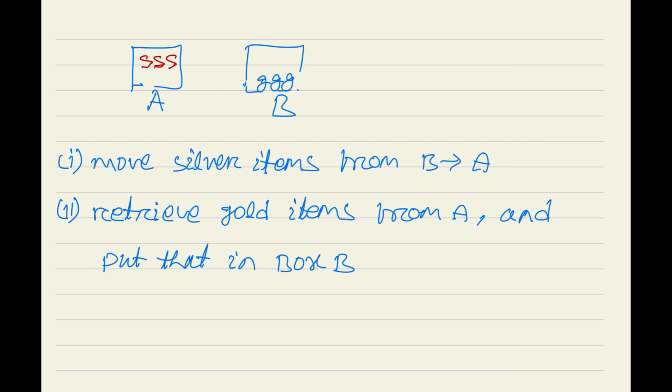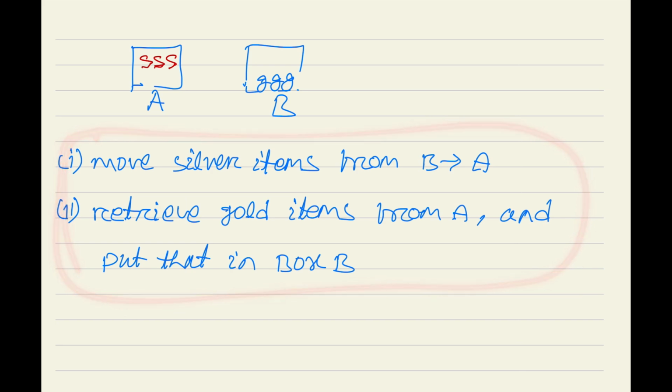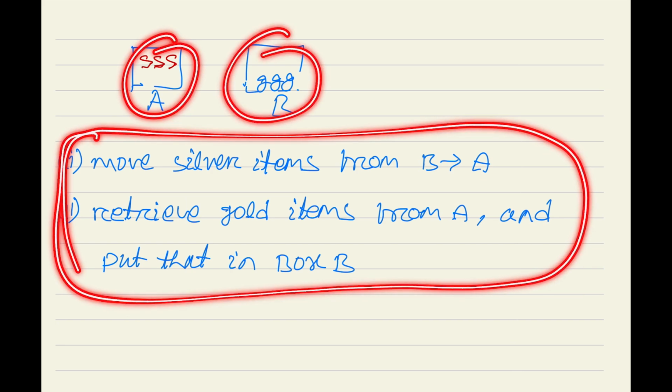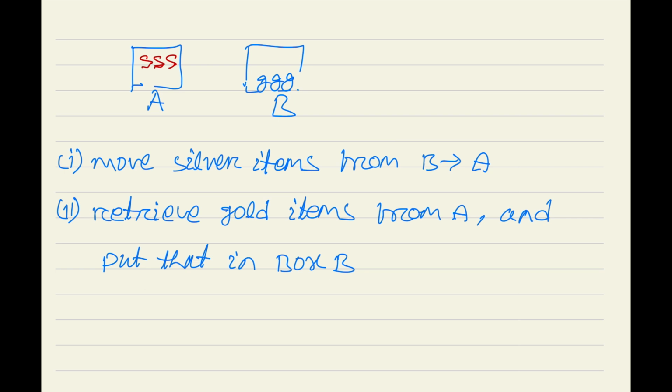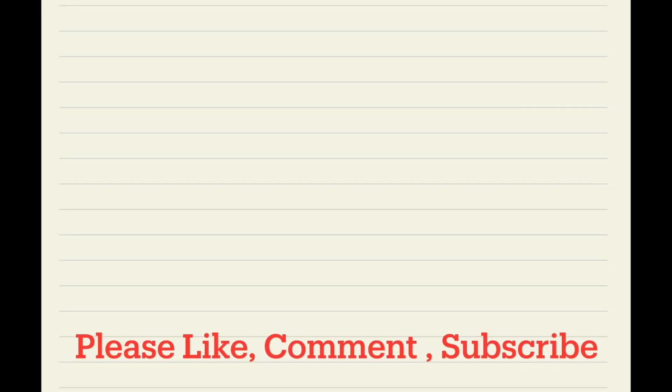In this way we can exchange the contents of box A and box B without using a third box. So mathematically we want to write these statements and complete the program that we are discussing.